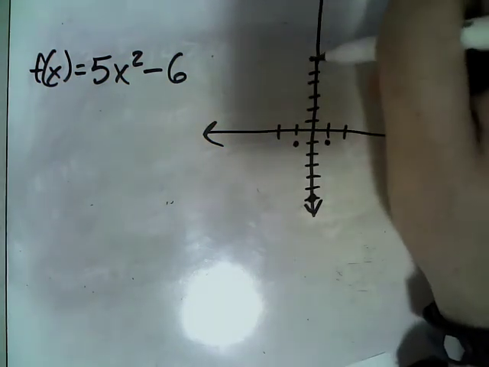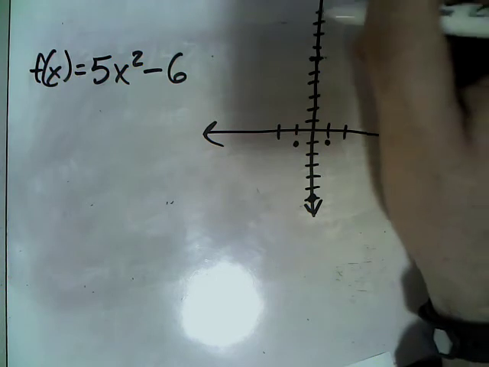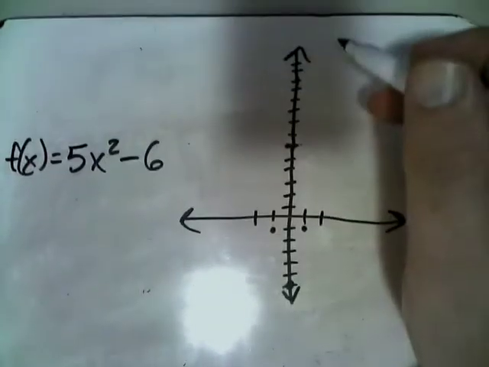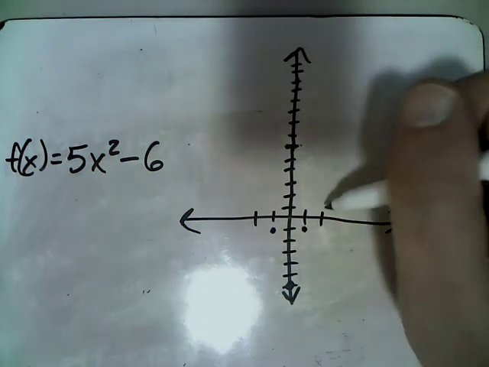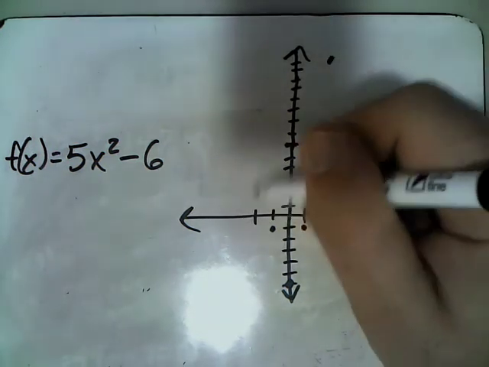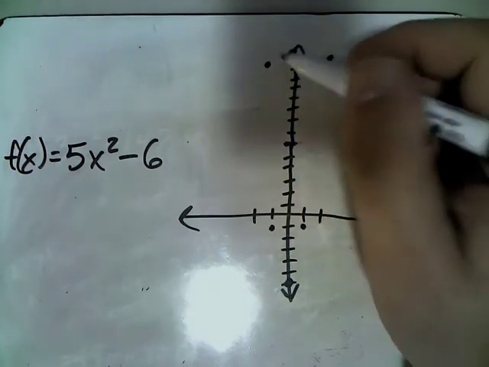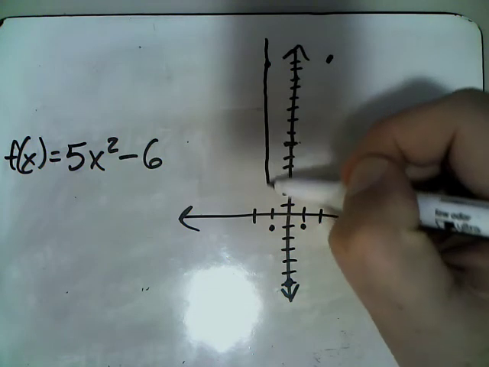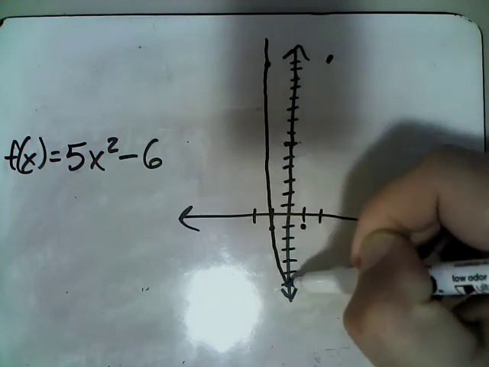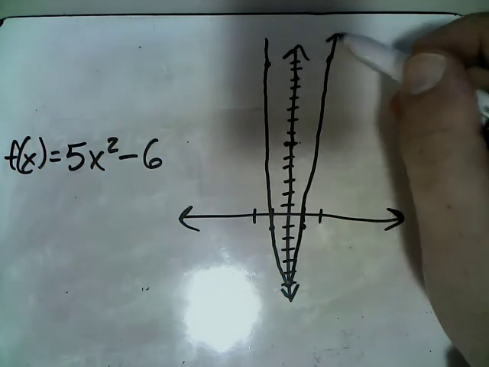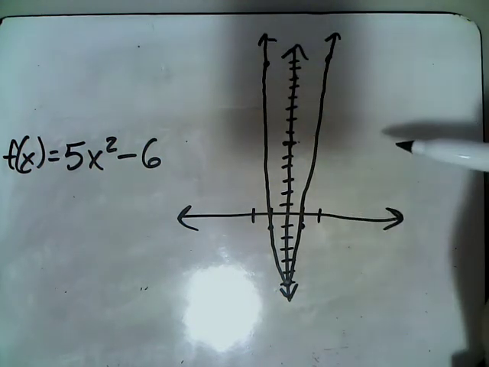So that was my 6, 7, 8, 9, 10, 11, 12, 13, 14. It's way up there. So 2 is way up here, and -2 is way up there. And so I would have something like this.